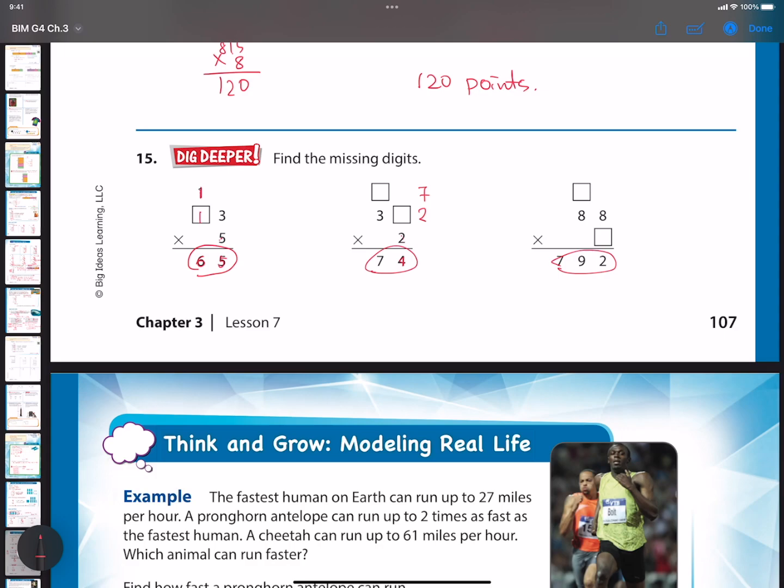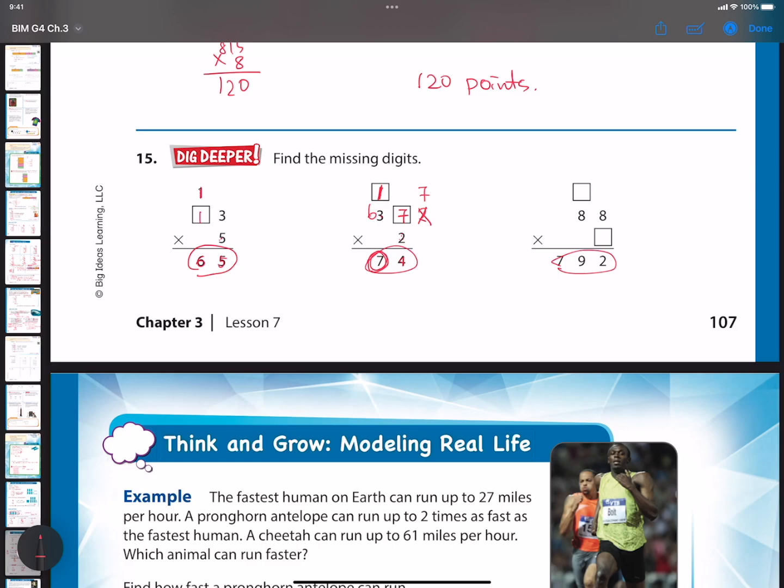Since 2 times 3 is 6, but here you see 7, that means there is one regrouping. It has to be, because we know 3 times 2 is 6, so 1 plus 6 is 7. You got it? Now, what is our only option? 7 is going to be our only option, since we need to regroup 1 here and add to 6. All right, that's how you can find it.